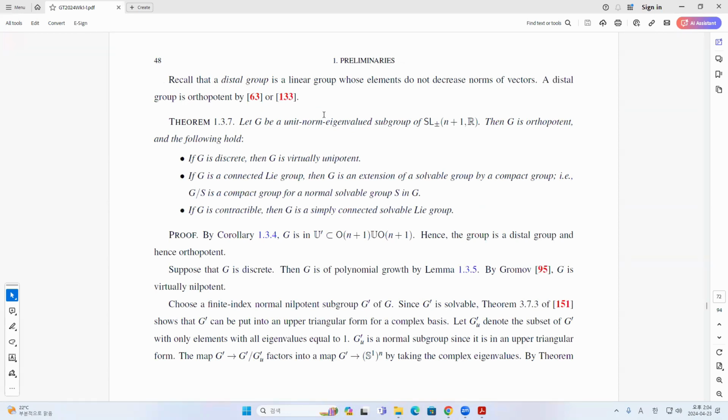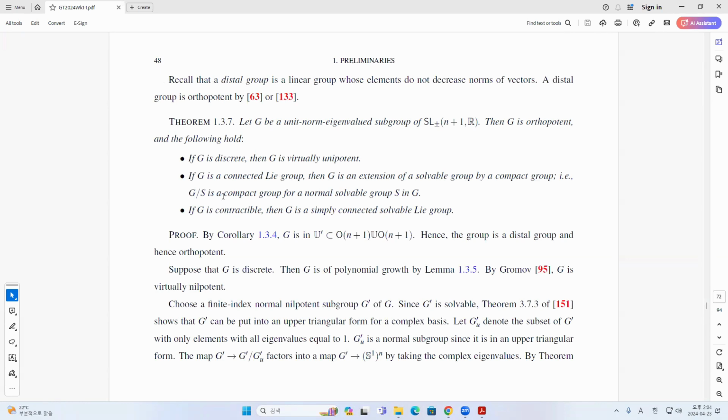So a distal group is actually orthopotent. We can prove that if G has unit norm eigenvalues, then G is also orthopotent. And if G is discrete, then it's actually virtually unipotent. And if it's a connected Lie group, then it's an extension of a solvable group by a compact group.